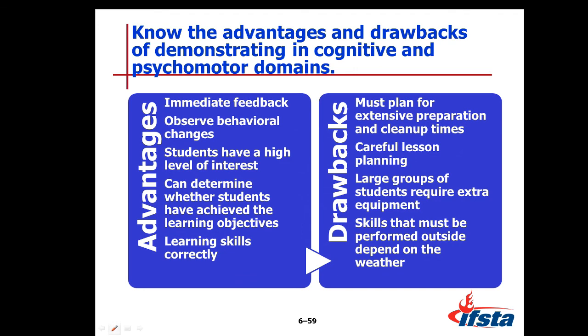We go back to the point from the book where we talked about making sure that you had a backup plan for the weather. That goes back to careful lesson planning. Large groups of students require extra equipment, and then skills that must be performed outside depend upon the weather.